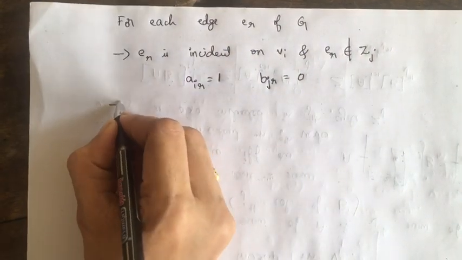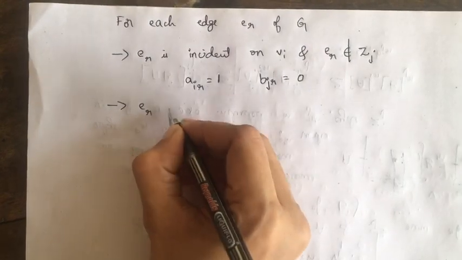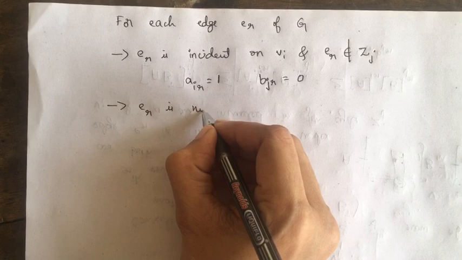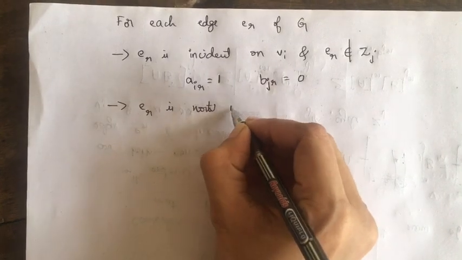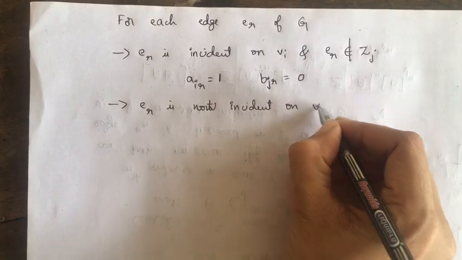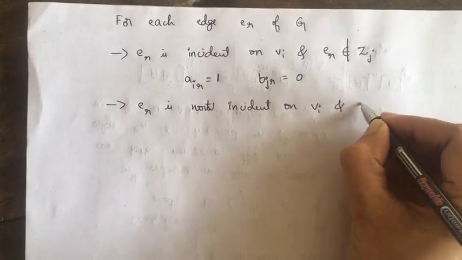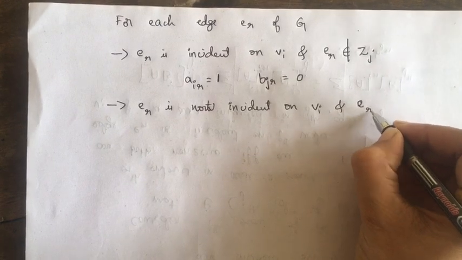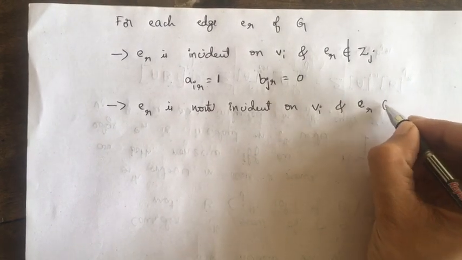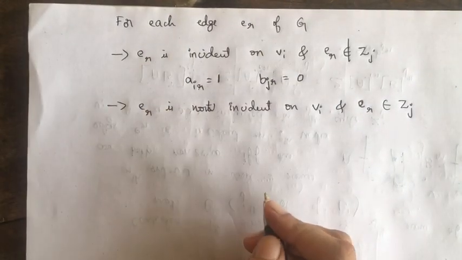Okay. The second case is if ER is not incident on Vi, and I'm considering edge ER is included in Zj, the exact opposite of this.